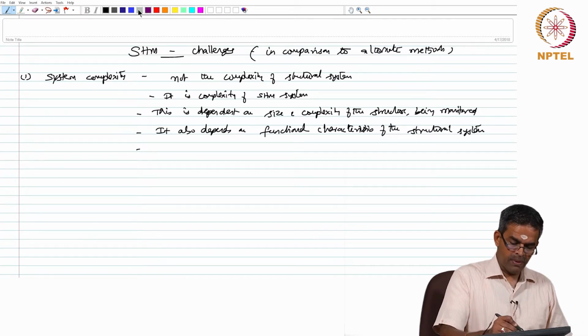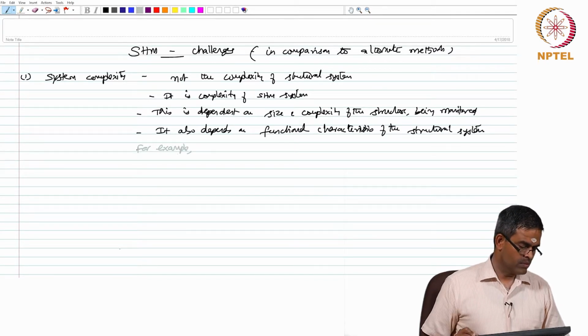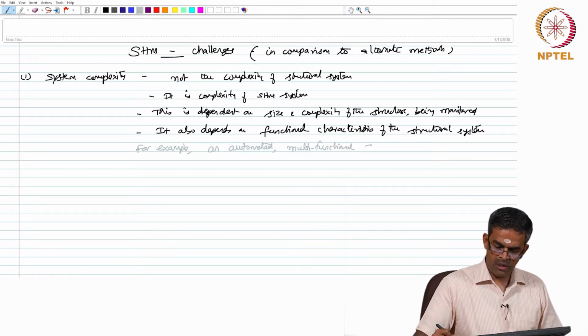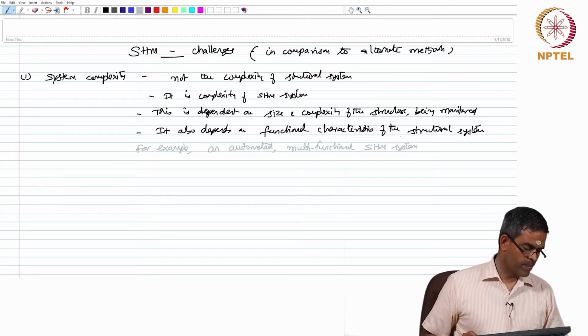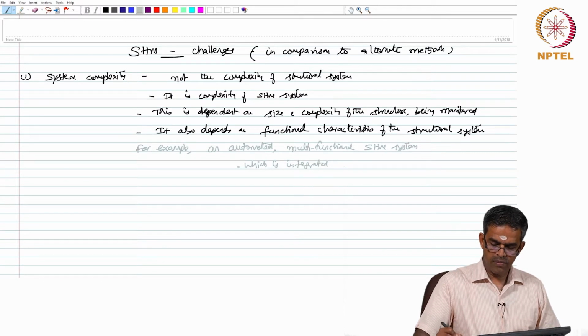Let us take for example, an automated multifunctional structural health monitoring system which is integrated with alert monitoring system.